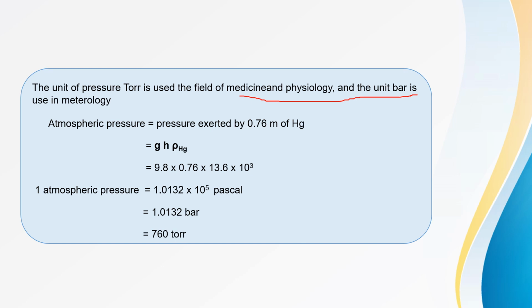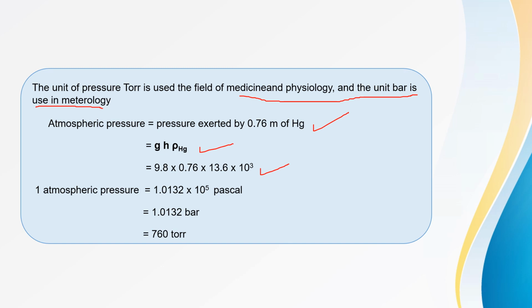The atmospheric pressure is equal to the pressure exerted by 0.76 meter of mercury, Hg, and it is equal to ρgh of Hg, where g is acceleration due to gravity, h is the height of the mercury column, and ρ is the density of mercury, and its values are given.